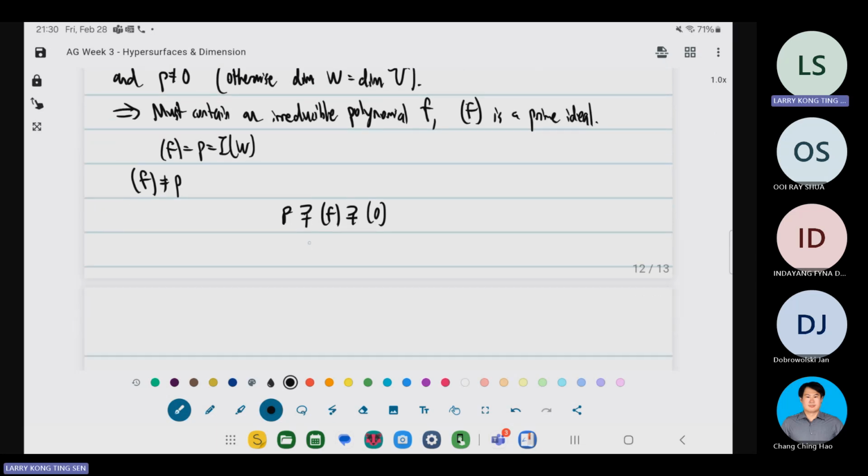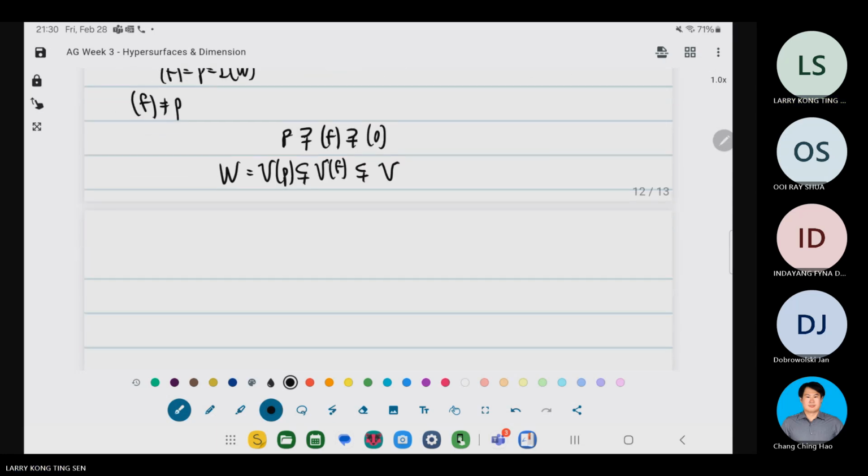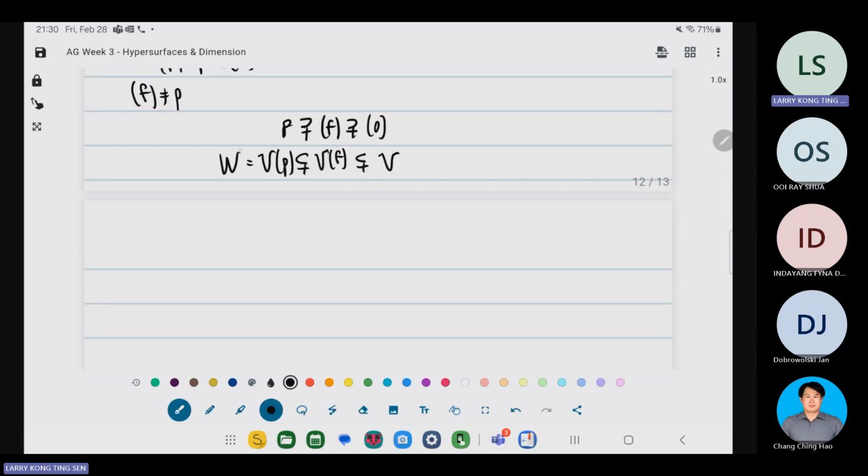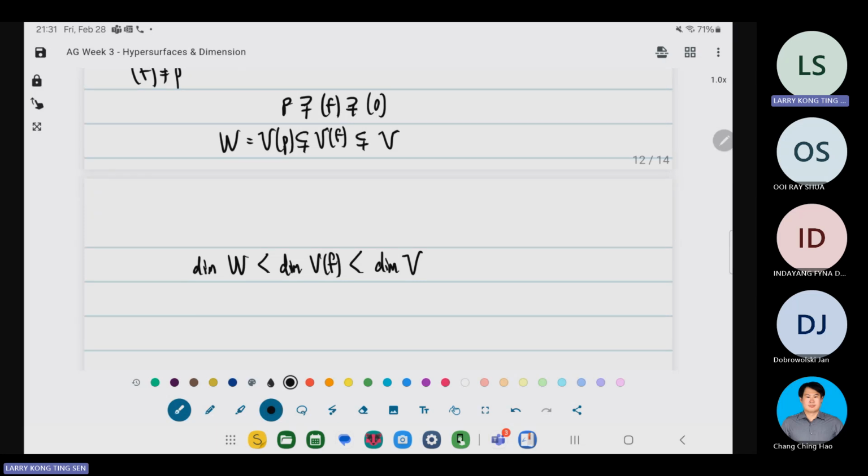And if we take the zero set, this means that we have V(f) and V(P), but this is just W again. Recall that these are irreducible algebraic sets. So this means that we have the dimension of W strictly less than the dimension of V(f), and this is less than W.